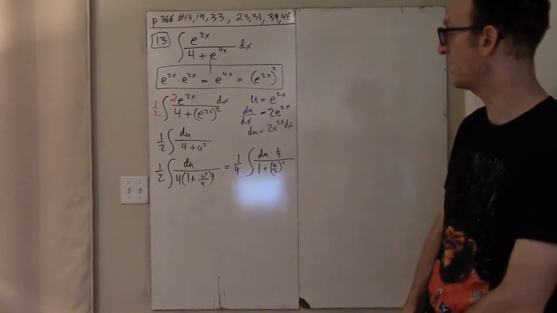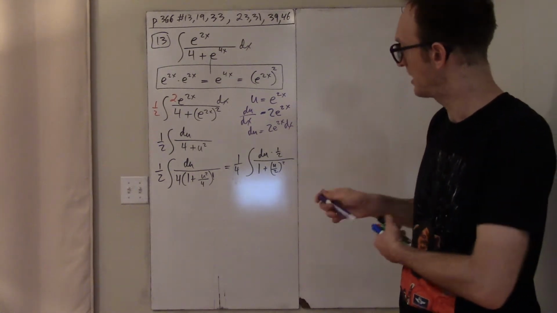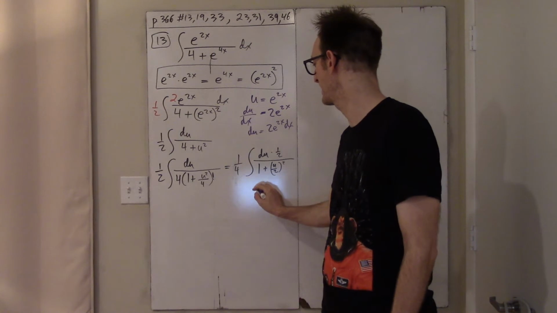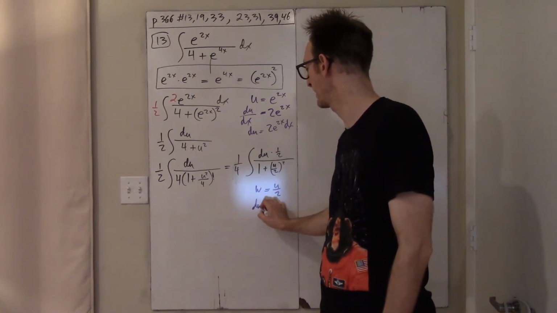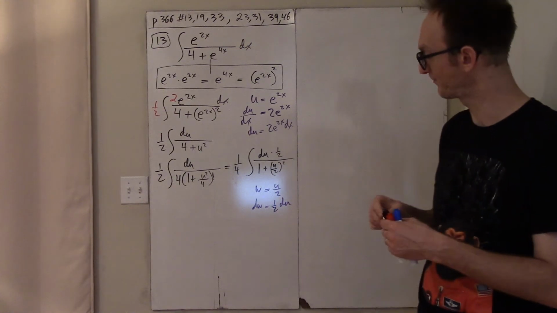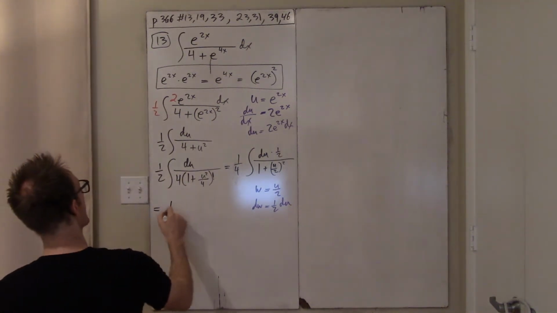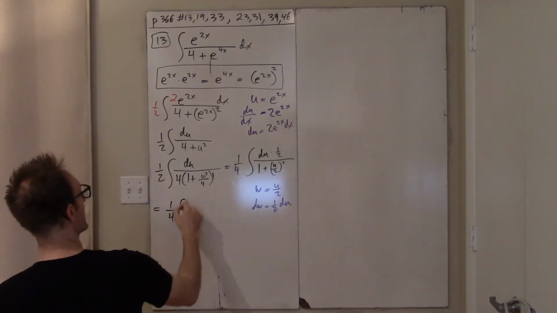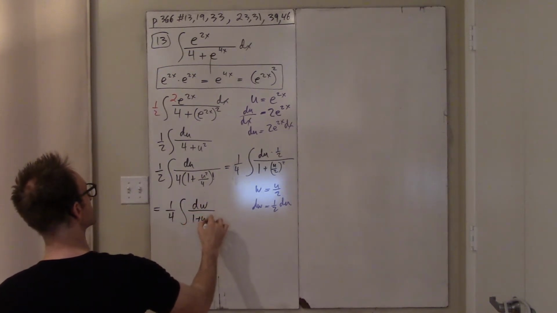That's because I'm getting ready to do yet another substitution, letting w be u over 2, and then dw is 1/2 du, and now I just have that right up there. So therefore, this becomes 1/4 dw over 1 plus w squared.